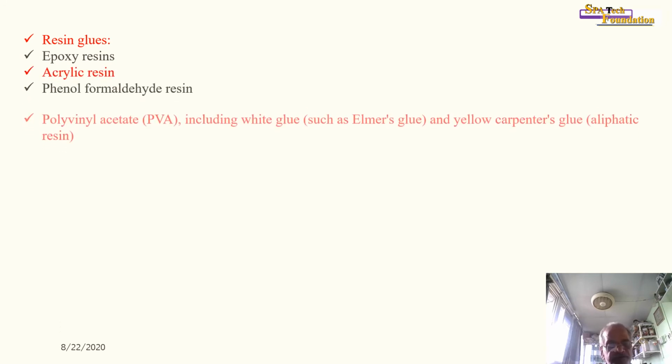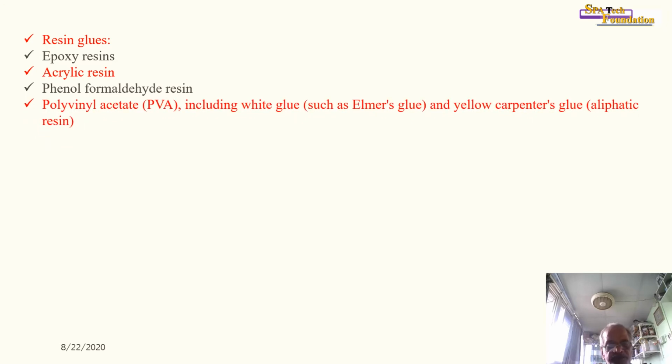generally used for sealing PVC pipes, resin glues, epoxy resins, acrylic resins, phenol formaldehyde resins, polyvinyl acetate or PVA, including white glue such as Elmer's glue and yellow carpenter's glue, aliphatic resin.